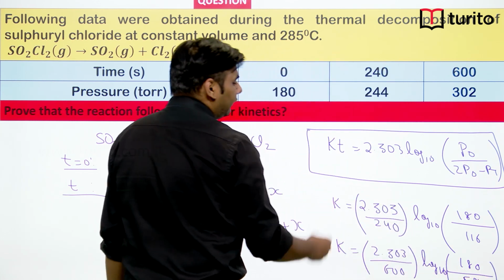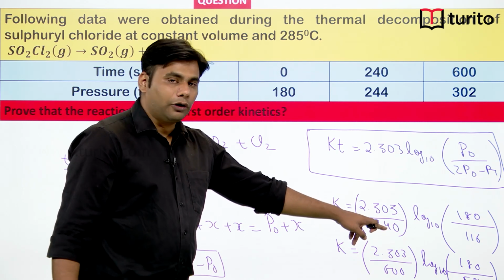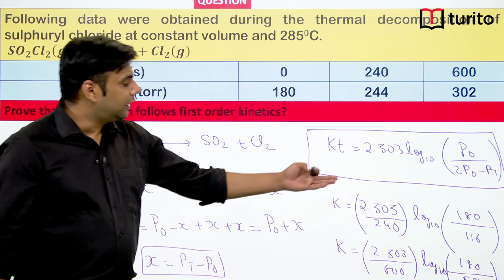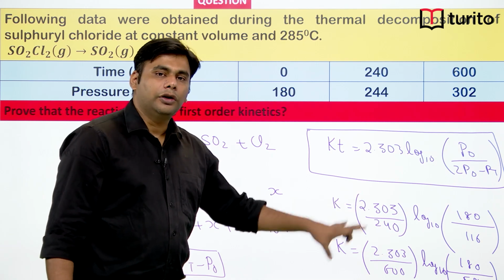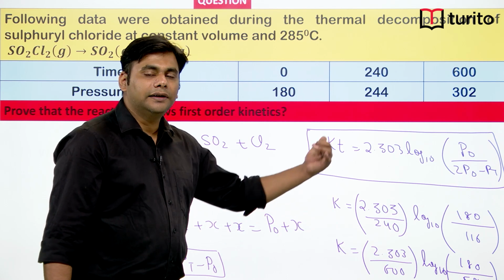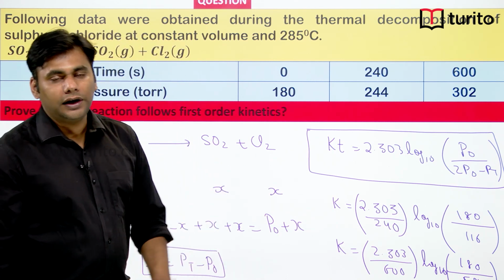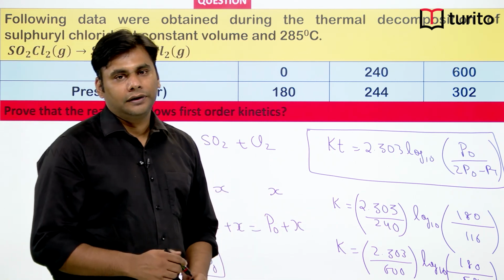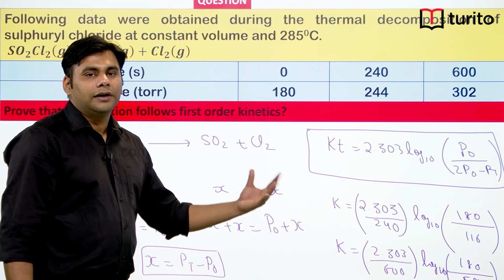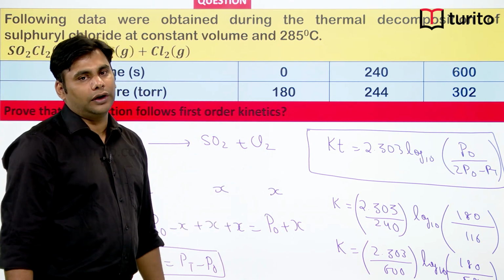So you can calculate the value of k for 240 seconds and at 600 seconds. Now if we do the calculation, the value of k would come out to be the same in both the cases, indicating that this reaction is following first order kinetics. Okay, so this is the way we prove that some reaction is following first order kinetics.